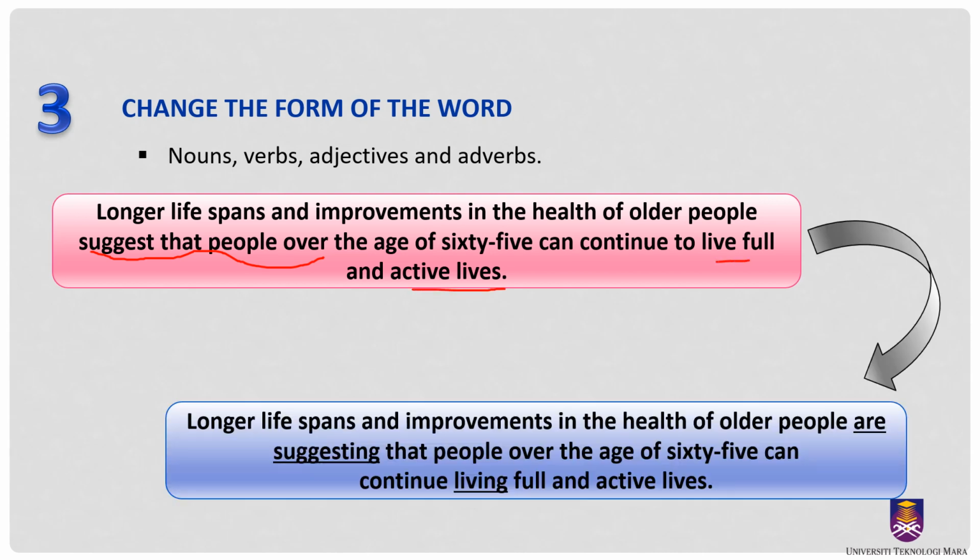And the new sentence is, longer lifespans and improvements in the health of older people are suggesting that people over the age of 65 can continue living full and active lives. So please focus on these new words. This is what it means by you can change the nouns to verbs or verbs to adjectives or from adjectives to adverbs.